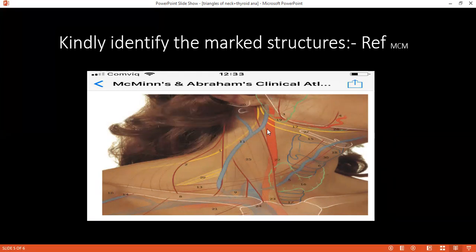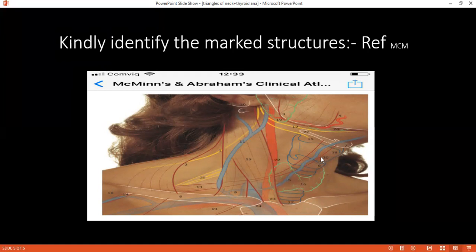It's a vessel. No, it's the internal carotid artery. Yes. And this structure 5 is which structure? This looks like the thyroid gland. Very good.